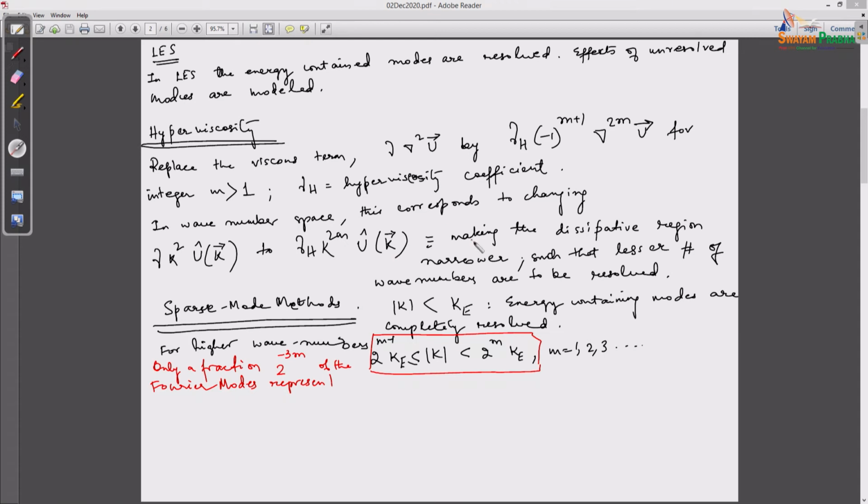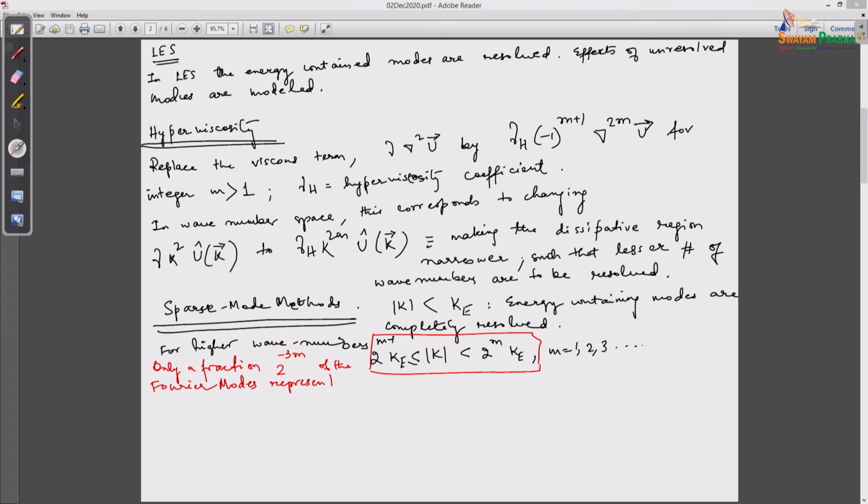So the region is smaller, and I have fewer modes to resolve. And then of course, we have sparse mode methods, where the energy containing modes are completely resolved, and for higher wave numbers only a fraction of the Fourier modes are represented.